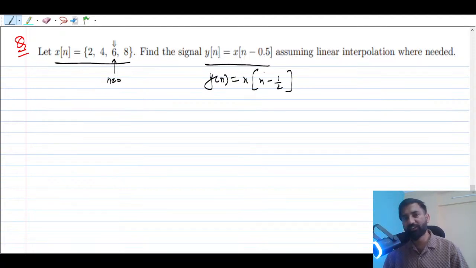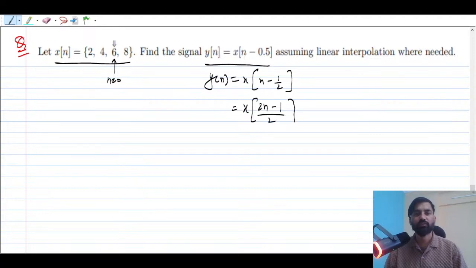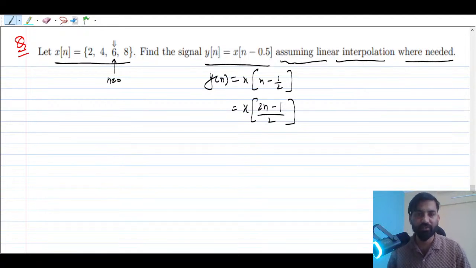So they have asked you to find out the fractional delay here. You can write this as x of 2n minus 1 by 2. They have written that you can assume linear interpolation wherever it is needed. Understand?